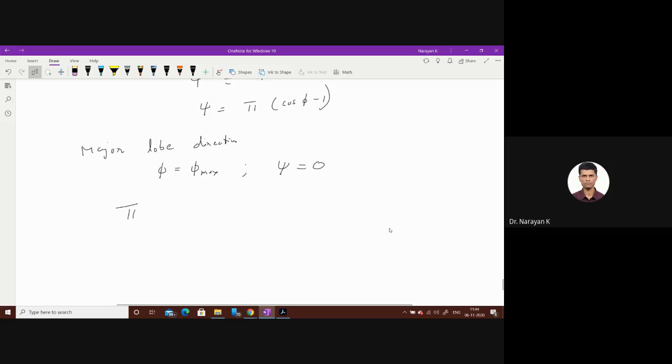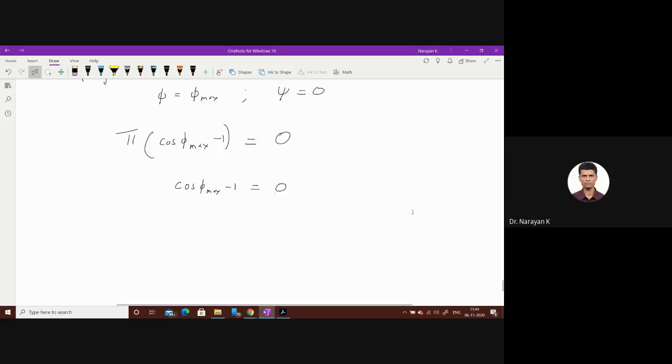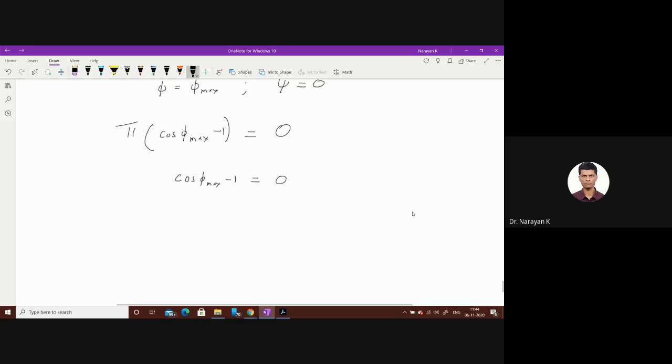So I have to write here pi of cos of phi maximum minus 1 is equal to 0. That is, cos of phi max minus 1 is equal to 0 because pi cannot be equal to 0. So cos of phi max is equal to 1. Agreed?